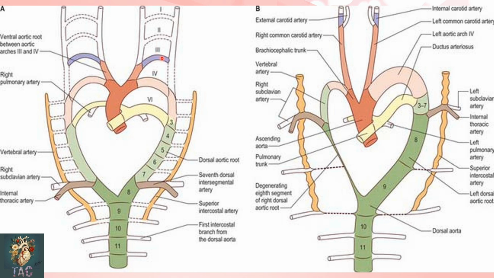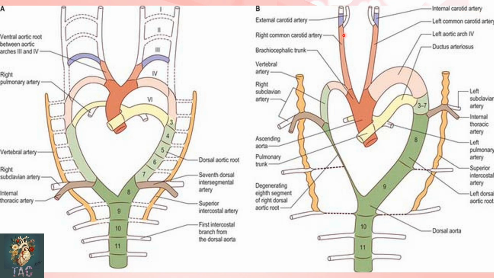This one is the third aortic arch, which has connection with the dorsal aorta and the ventral aorta. Look at this part over here as well as here, up till the third aortic arch there is a common development on both sides. So the third aortic arch will give rise to the proximal part of the internal carotid artery.